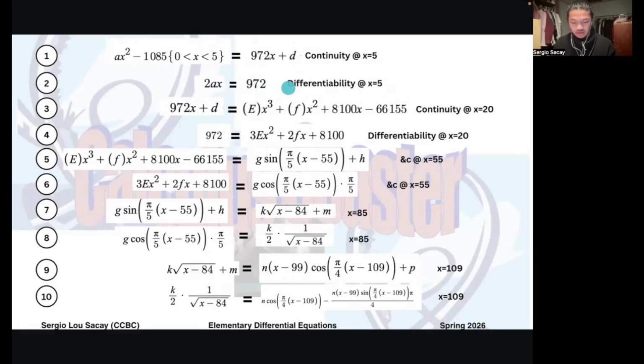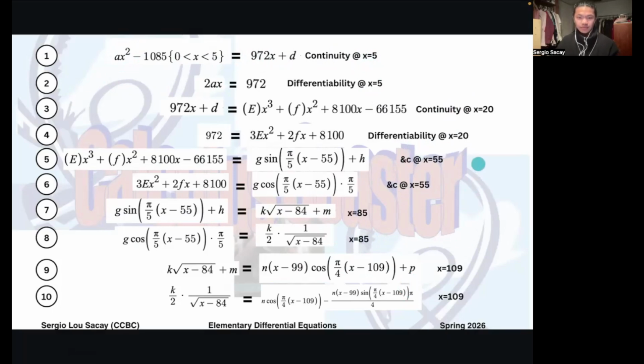Once we have a, we can plug it back into equation 1 and solve for d, as long as we sub in x equals 5, since that's where a junction is. And so on and so forth for equations 3, 4, 5, 6, 7, 8, 9, and 10.